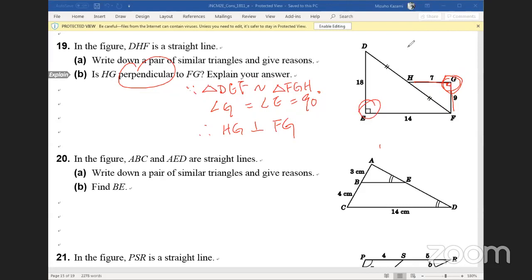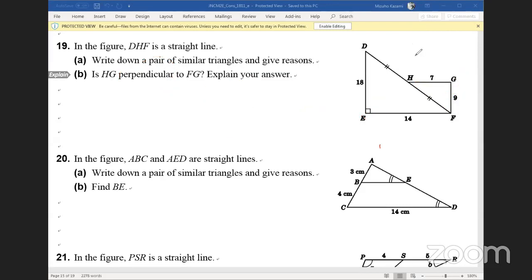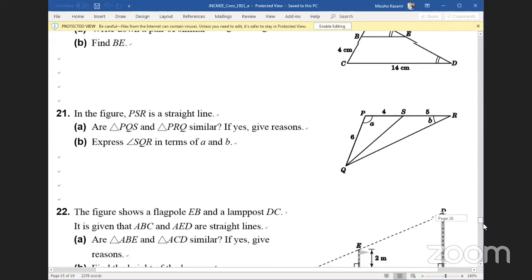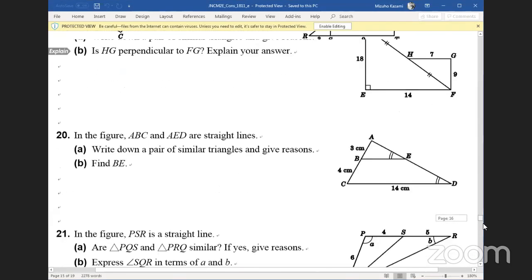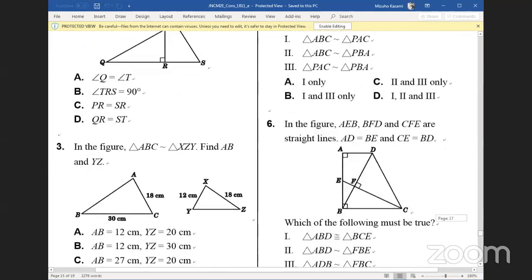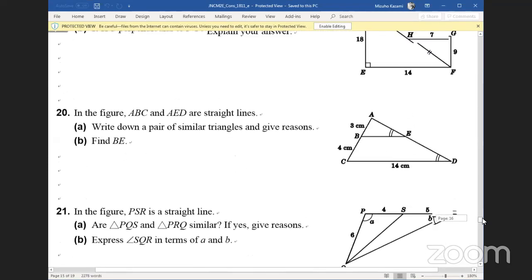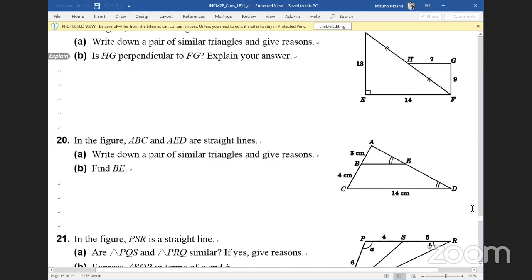Right. Now, I want you to do some more exercise on this topic. I want to finish all these with you, together. That's why I suggest you try to have an exercise book or homework book.